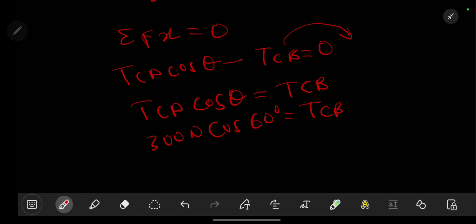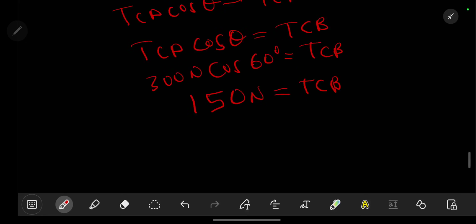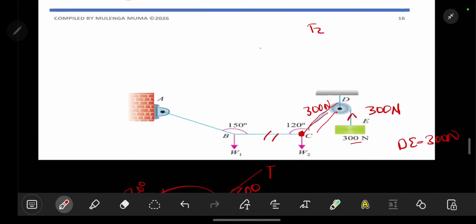This gives us a value of 150 newtons, equal to our TCB. One thing that you should know is that TCB is the same as TBC, which is equal to 150 newtons. So we have found that BC is equal to 150 newtons, which they have given us.